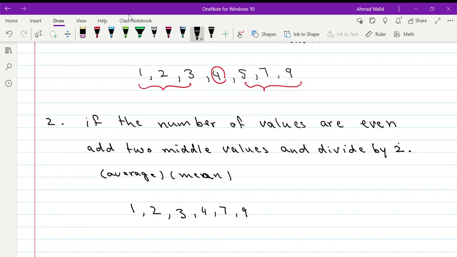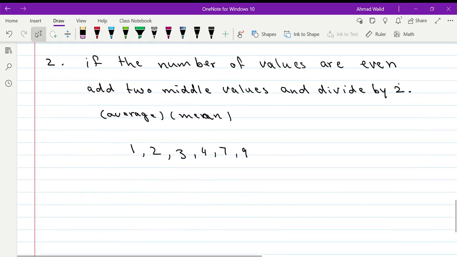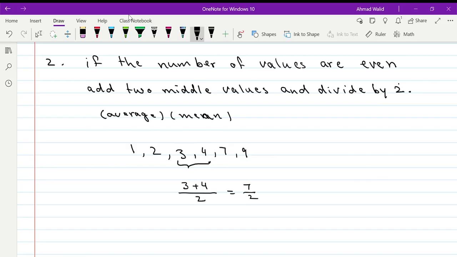It's 6 of them, correct? What I'll do, I'll take the two middle numbers, add them, 3 plus 4, and divide by 2, which gives me 7 over 2, which means 3.5. Then the median for this example is 3.5.